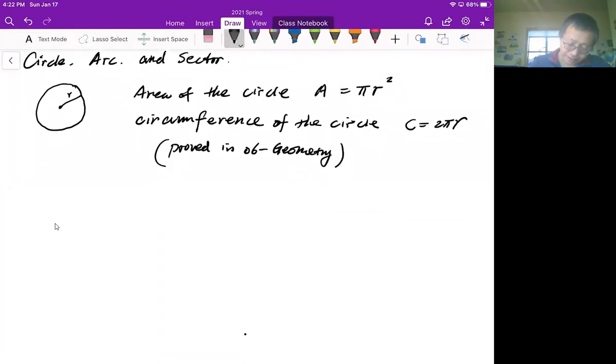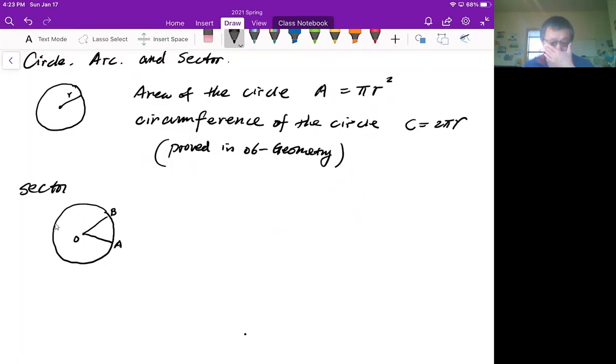Now let's talk about the sector. A sector just means if you have a circle here, and this is the center of the circle, and you have two radii. O is the center, and A here and B here. So you pick 2 points on a circle, and what you get is that this part here is called a sector.